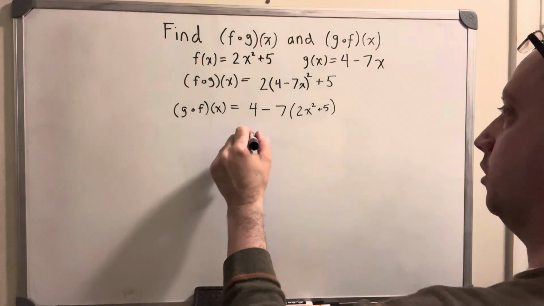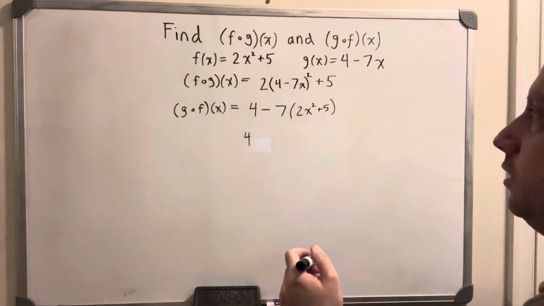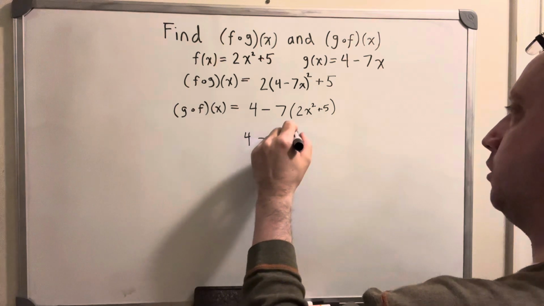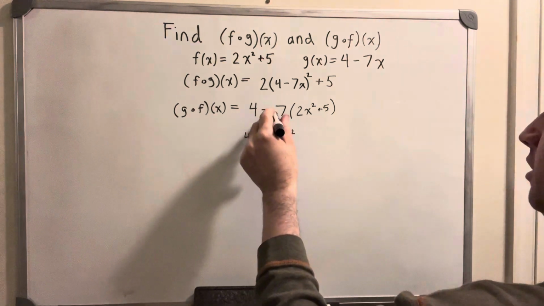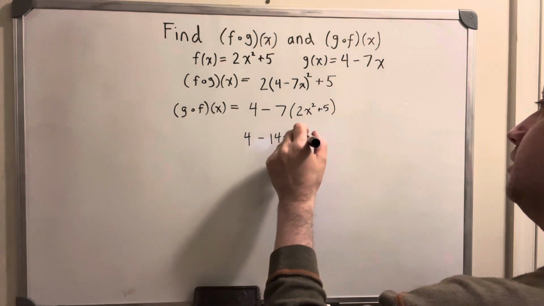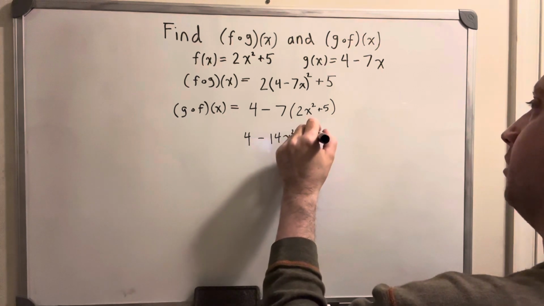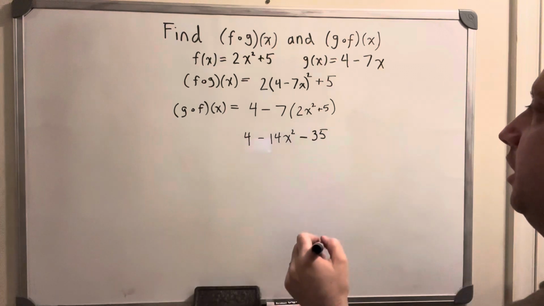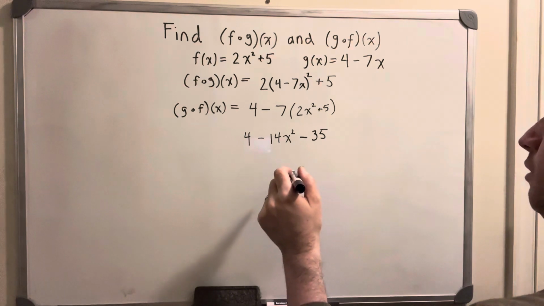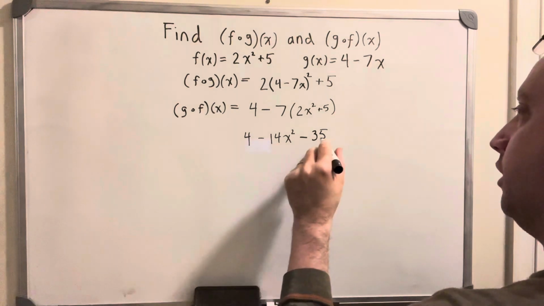So we've got 4 minus 7 times 2x squared is what? Minus 14x squared. Minus 7 times plus 5 is what? 28, 35? Yeah. Minus 35. There are some like terms that we can combine. 4 minus 35 is negative 31.